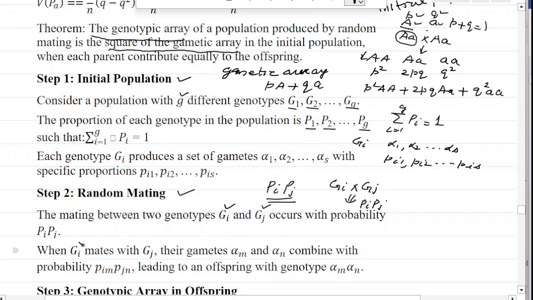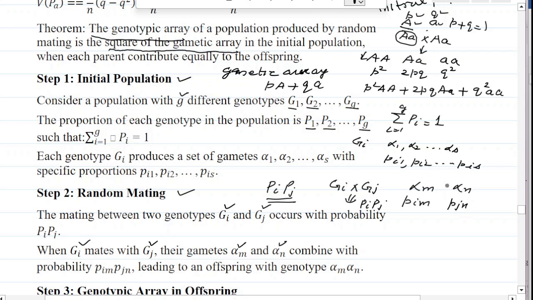So when Gi mates with Gj, their gametes alpha m from Gi and alpha n from Gj combine, and their proportions are say Pim for alpha m and Pjn for alpha n.